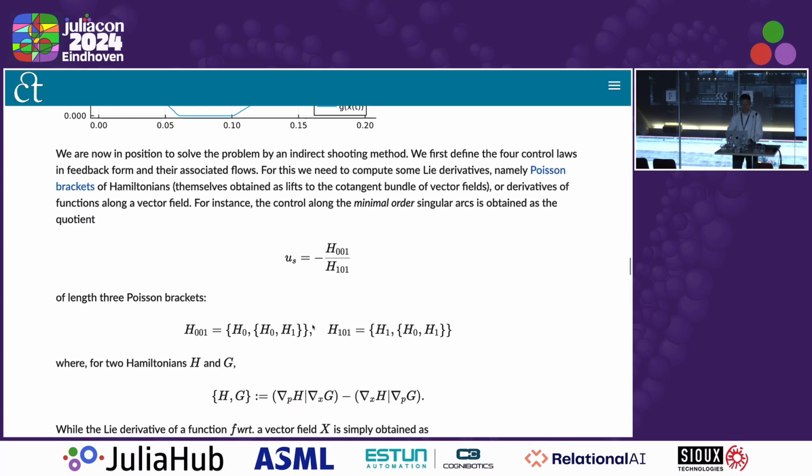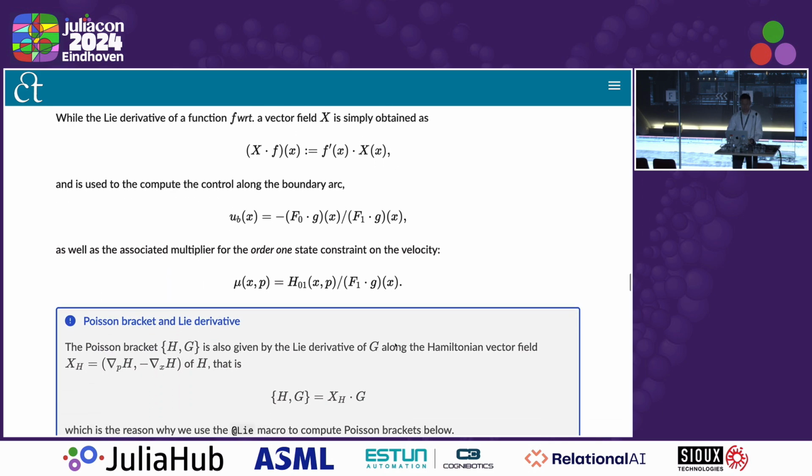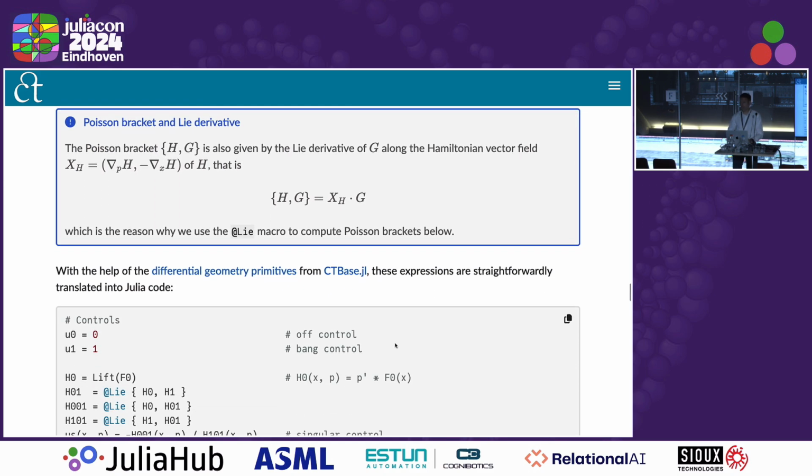I will go fast on this, but in this case, it's quite well known that you can use Poisson brackets to compute the singular control, which is a control of order 1. This is, in fact, all given by our package. For instance, you can retrieve for free Lie brackets and Poisson brackets for vector fields or Hamiltonians that you will need here.